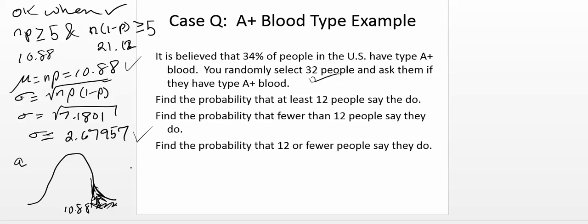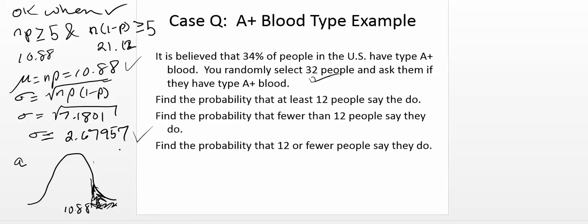But where exactly? If we made this division at 12, we'd be using part of the lump of 12 and not including another part of the lump at 12.